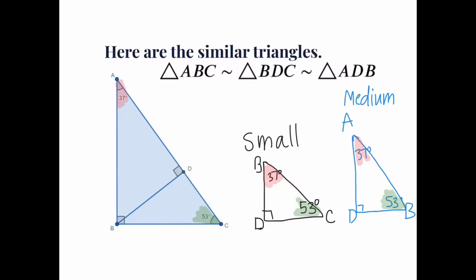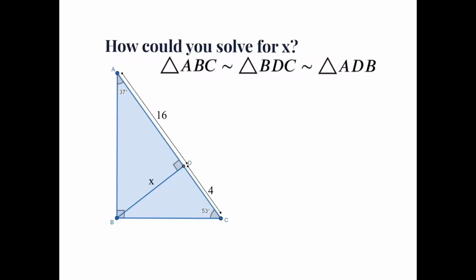That way, I can check that I wrote my statements correctly: triangle ABC is similar to triangle BDC, is similar to triangle ADB. I'm just making sure that my letters right here are in the correct order. Now, we're about to see why that's helpful.